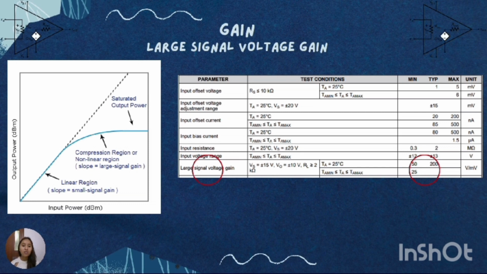Now, large signal voltage gain has typical 200 millivolts and 15 minimum millivolts, and finally, minimum 25 millivolts.